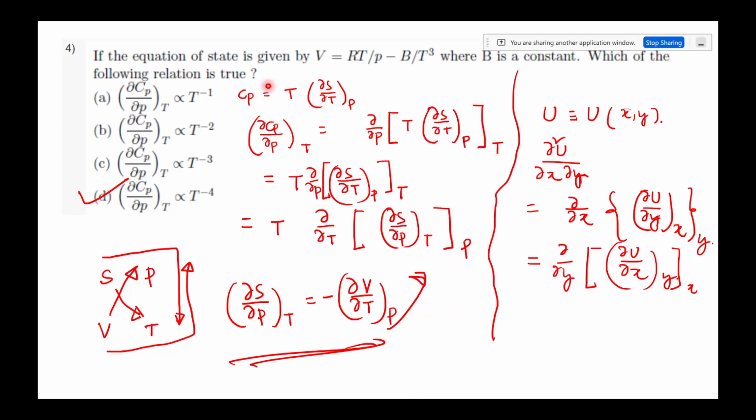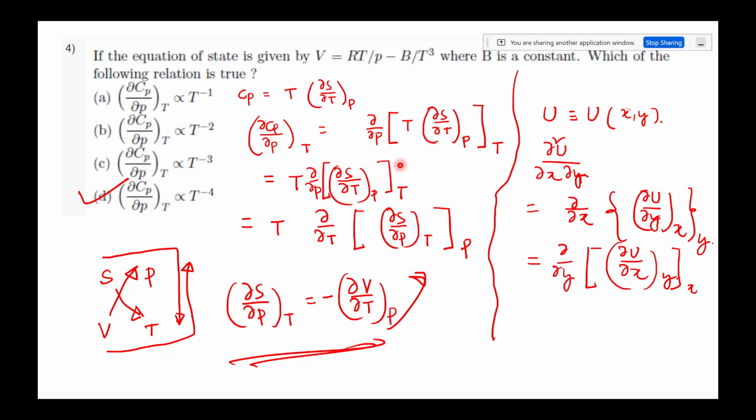Cp is T times del S del T at constant P. Now we have to get this expression del Cp del P at constant T. That means how Cp changes with respect to P keeping T fixed. Then we have to differentiate this expression with respect to P keeping T fixed. That's why we have written del P at constant T of T del S del T at P.